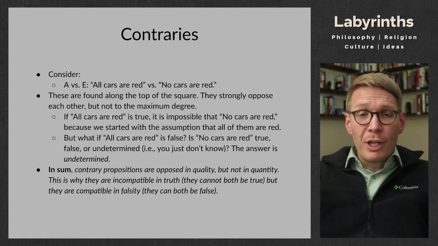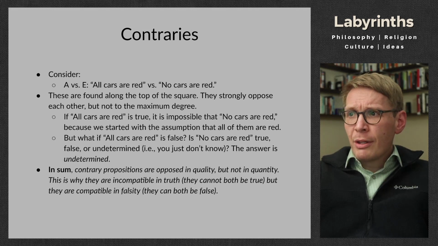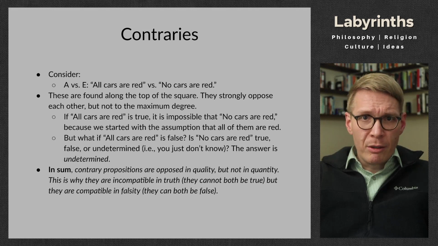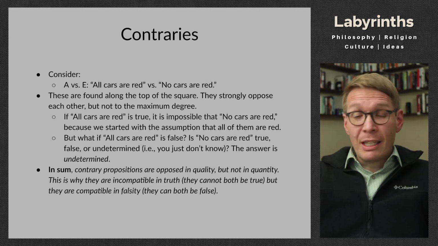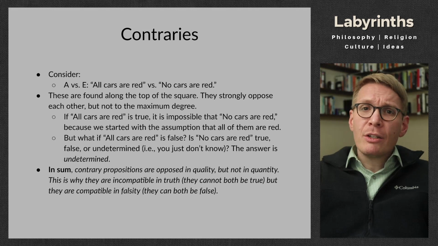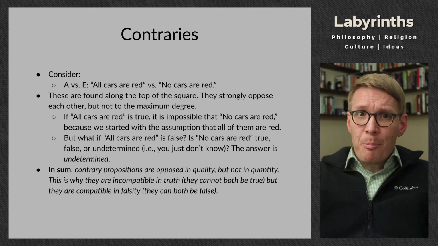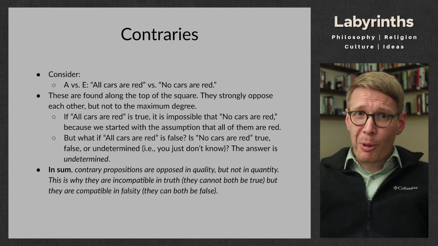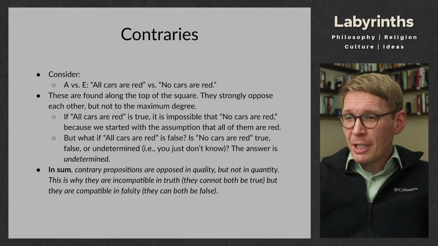And think about this. If I know it is false that all cars are red, fine. Well, it could be the case that not a single car is red. It could be the case that 2 out of 5 cars are red or 4 out of 5. I really don't know. I can't determine anything with certainty based on a false proposition by using the operation of contrariety, of determining the contrary.